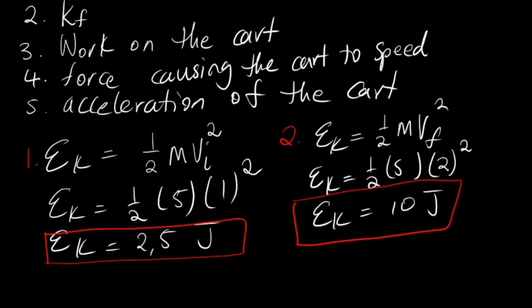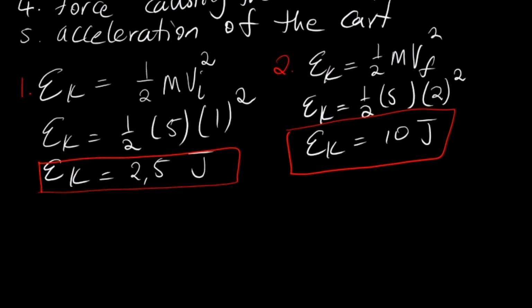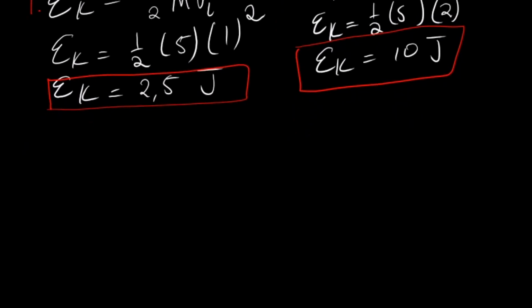We go to number 3. Number 3 is saying the work on the cart. We need to calculate the work done on the cart. So we need to use the work energy theorem. Work net is equal to change in EK.